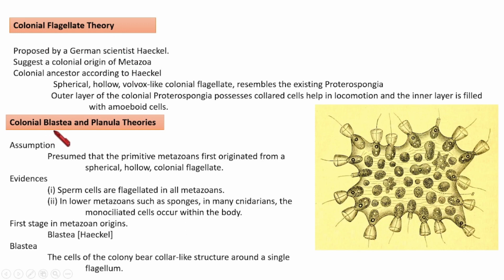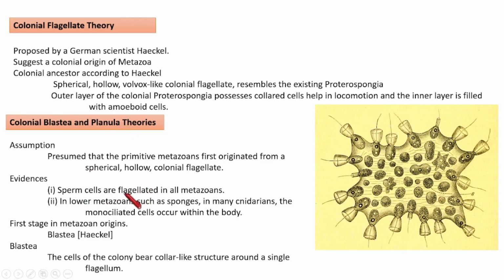Next theory is the colonial Blastaea and Planula theory. Its assumption is that these primitive metazoans first originated from a spherical hollow colonial flagellate. There are some evidences to support this theory. Even at present, metazoans, the multicellular organisms, have flagellated sperm cells inside their body, so that supports this theory.